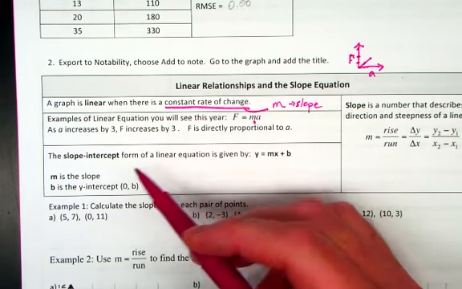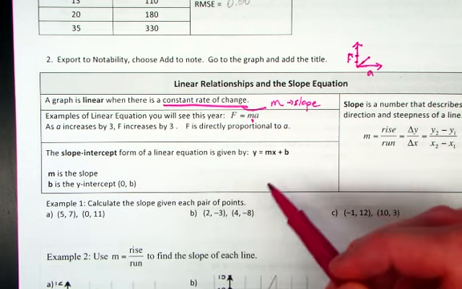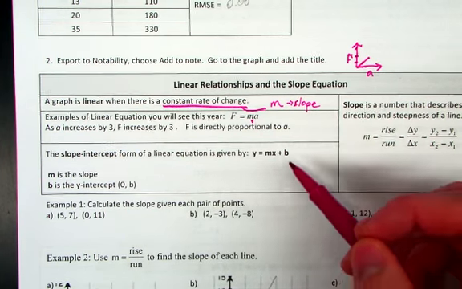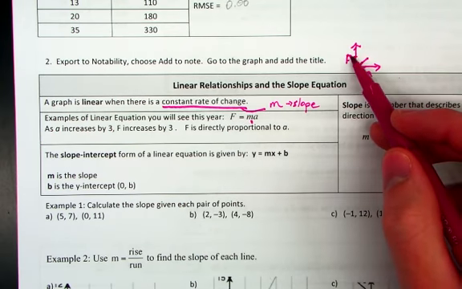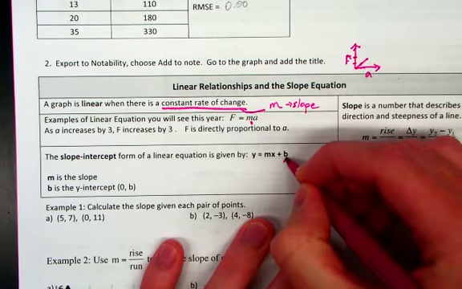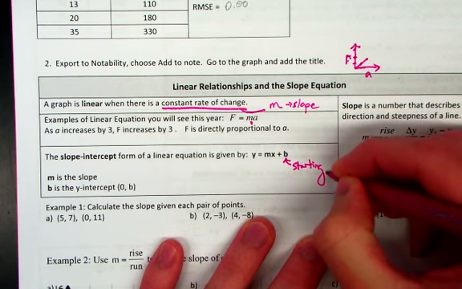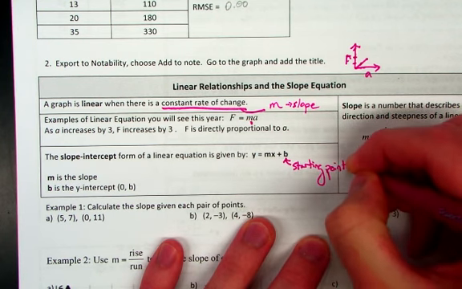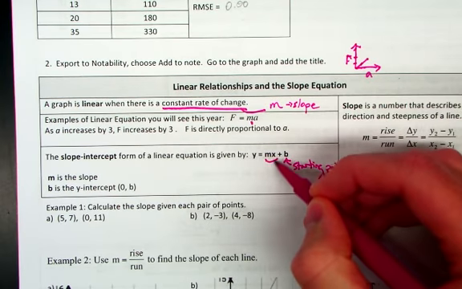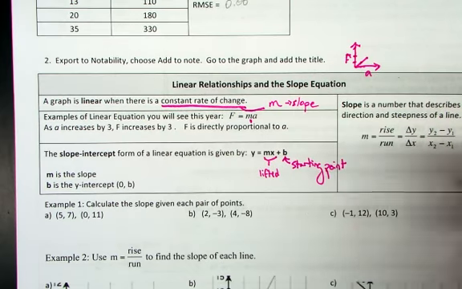The slope-intercept form of a linear equation is just one way that people have chosen that they can describe this information. So our y value is equal to whatever our starting point is plus however much we have lifted.